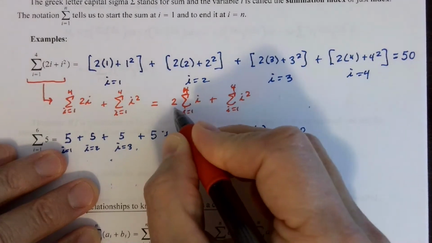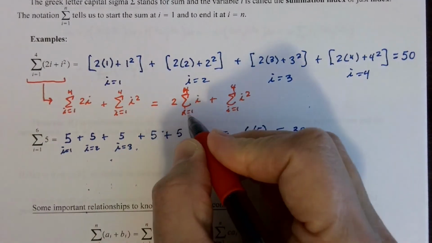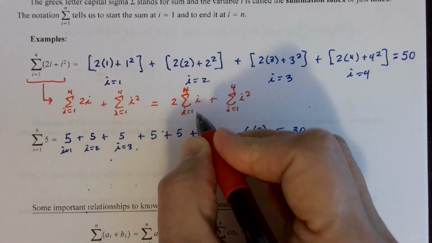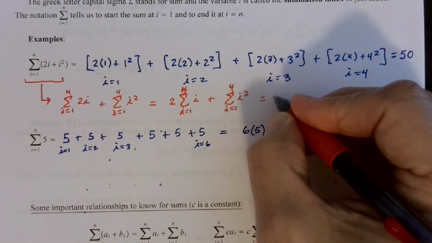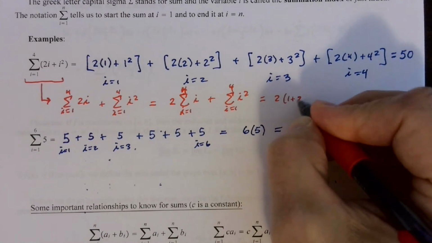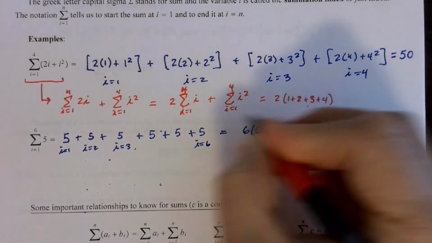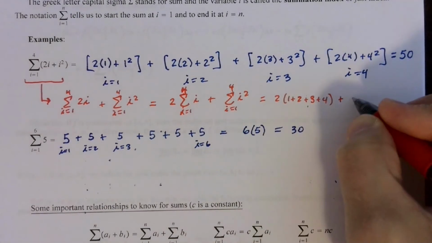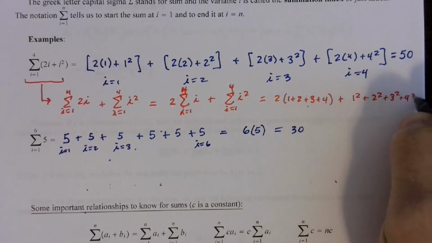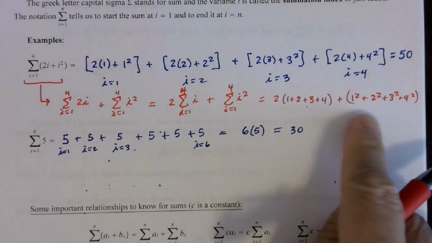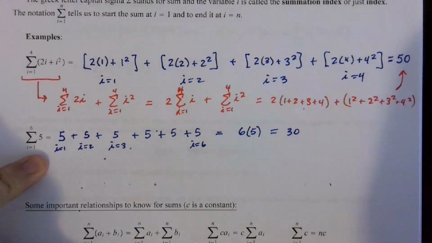But now I just do 2 times what? 1 plus 2 plus 3 plus 4, right? That's what this is. In fact, we can write this out. So this is 2 times 1 plus 2 plus 3 plus 4, and this is plus what? We said 1 squared plus 2 squared plus 3 squared plus 4 squared, right? So if you add all that up, you're going to get the same thing. You're going to get 50.